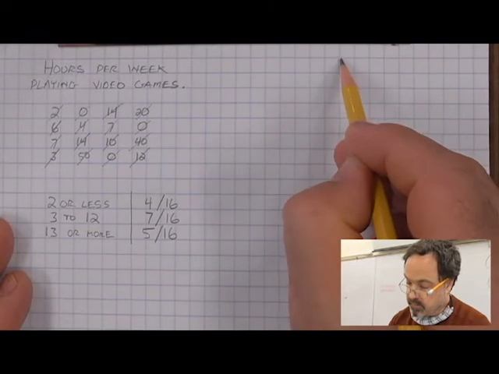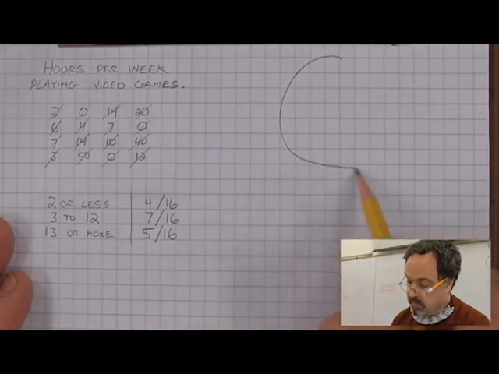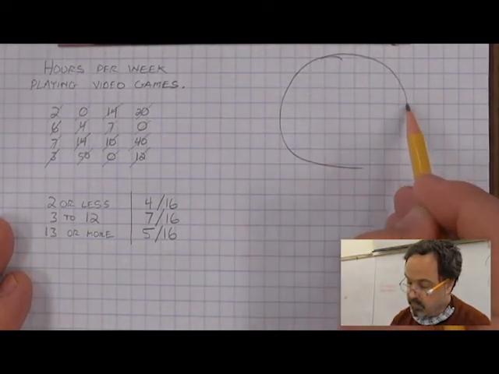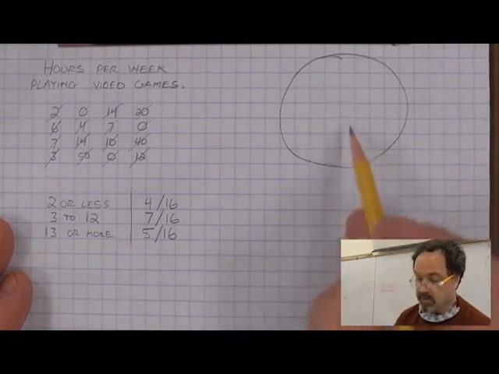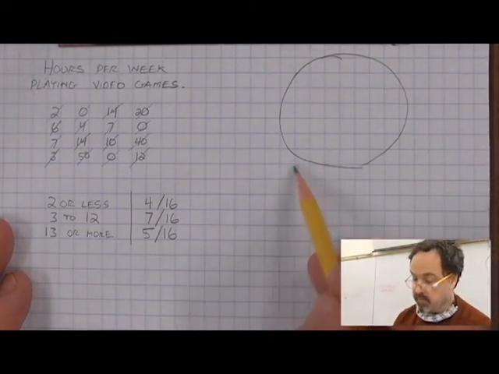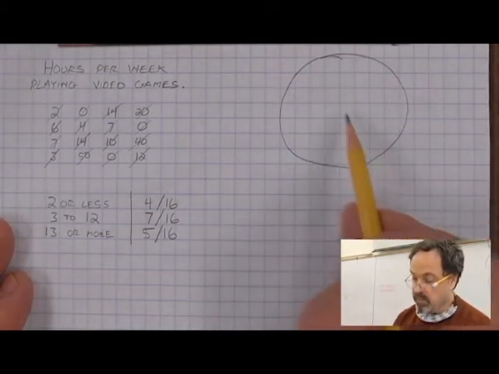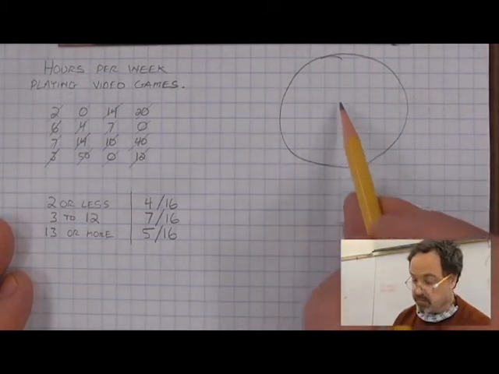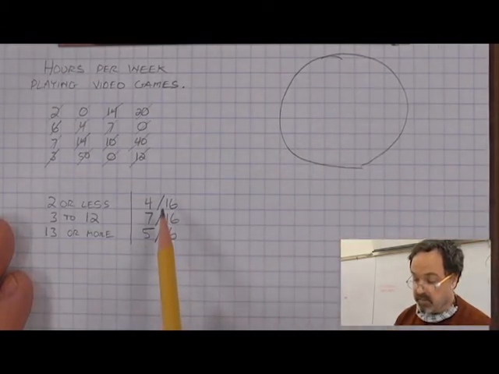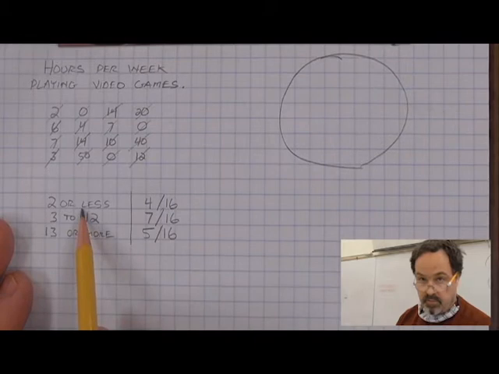Now a pie chart is a circle that is divided into pieces. In math, we call the piece a sector. The pie, or the whole, is divided into sectors, and the size of each piece is going to be proportional to the fraction that represents that category.